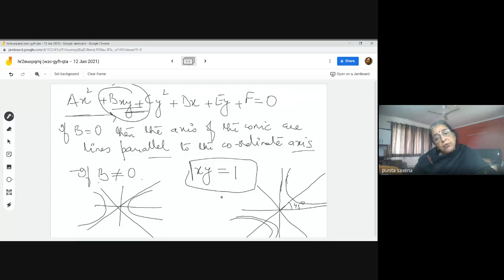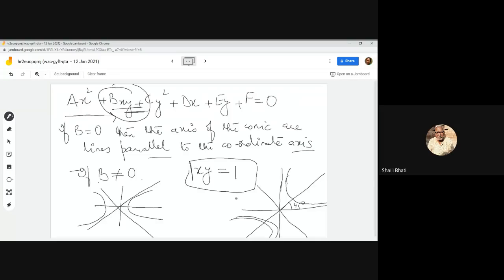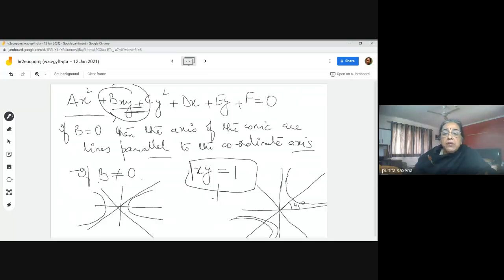Can you visualize both the hyperbolas now? Yes, ma'am. That is why we call this the rectangular hyperbola. Now, the point is that this term, which is called the cross product term, or the term containing x and y both, because of the presence of this term, the axes, be it in the case of hyperbola, we have the focal and the conjugate.